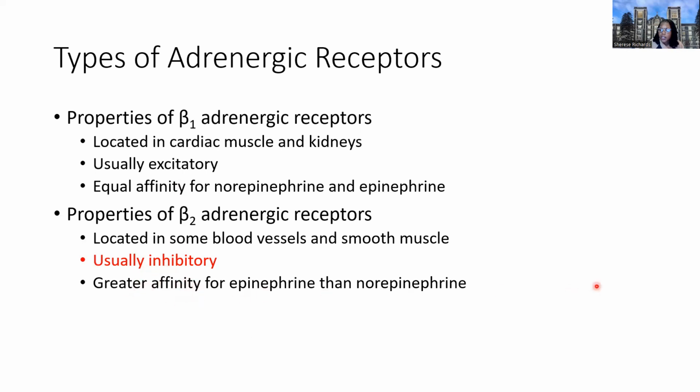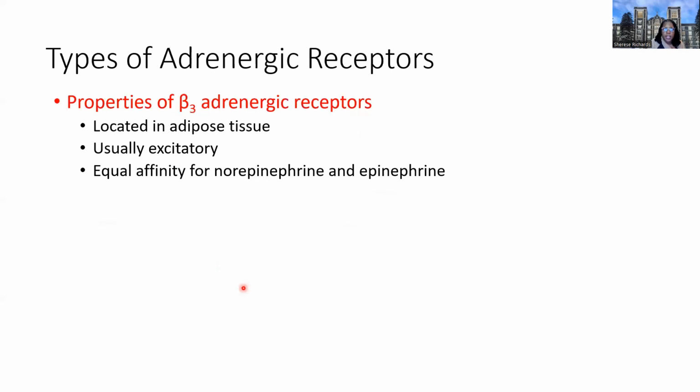Its affinity is for epinephrine over norepinephrine. So unlike the alpha receptors, which prefer norepinephrine, beta 2 specifically prefers epinephrine instead. And then beta 3 is on adipose tissue mostly. It's also excitatory to those tissues, and it has an even affinity just like beta 1.